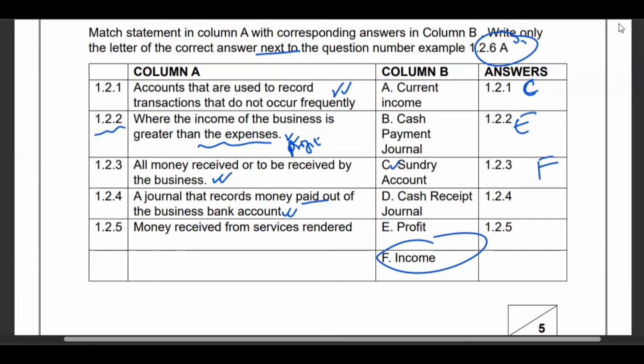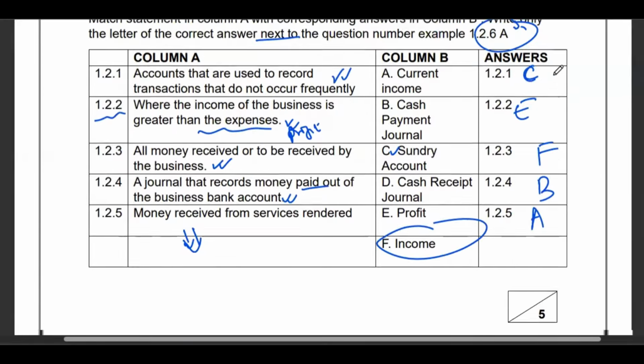So that is what we call a cash payment journal, okay, which is option B. And then money that is received from services that are rendered, that is what we call the current income, which is option A. All right, so that is 1.2.